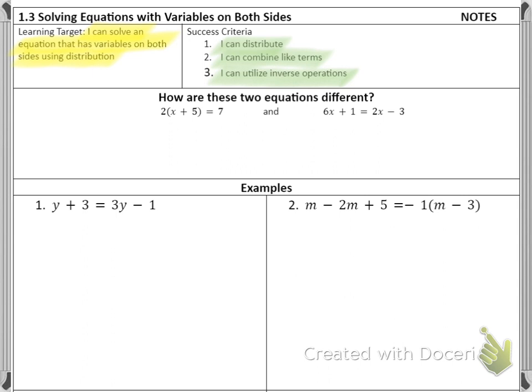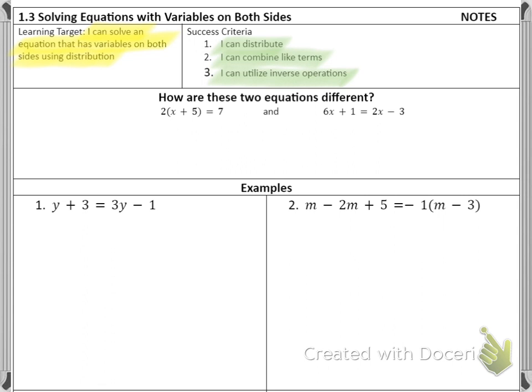All right, so to start off, let's look at how these two equations are different. On the left, I have 2 parentheses x plus 5, close parentheses, equals 7. And on the right, I have 6x plus 1 equals 2x minus 3. So what do you notice is the difference?